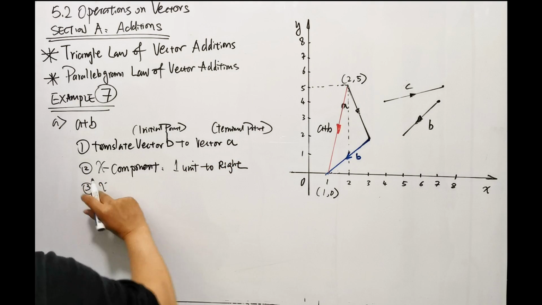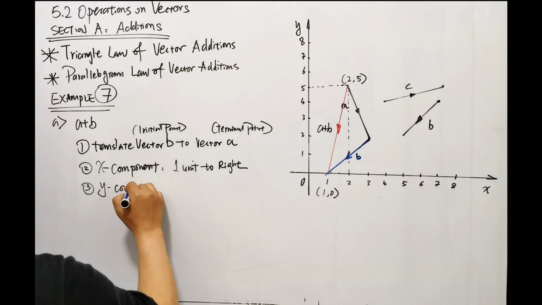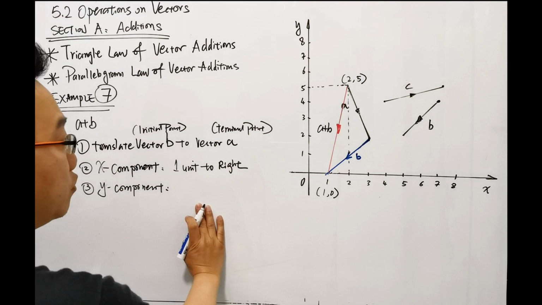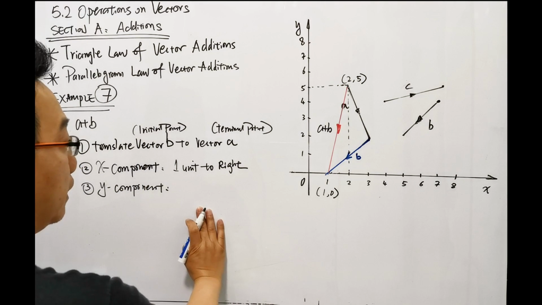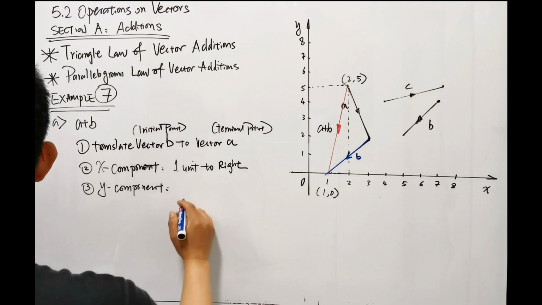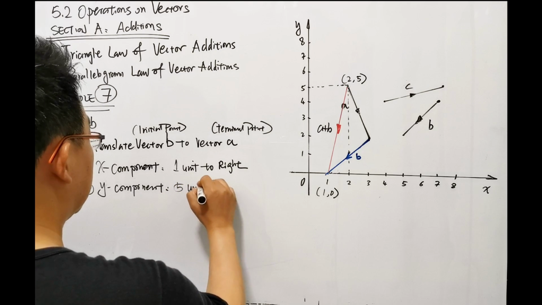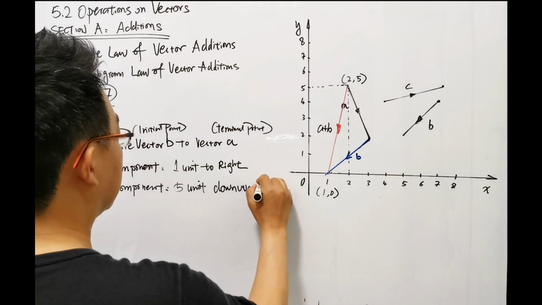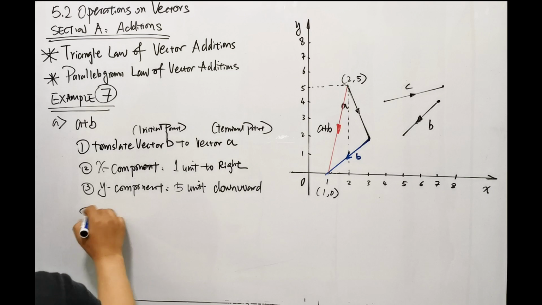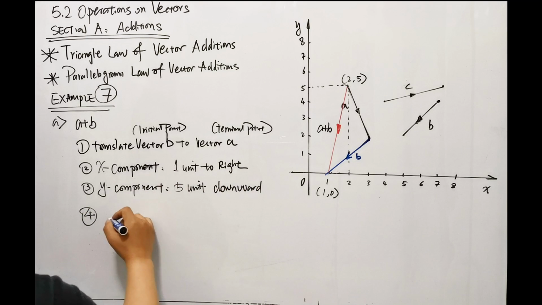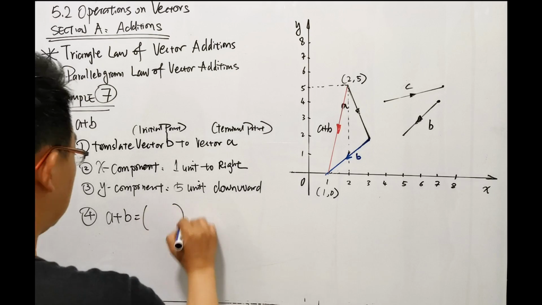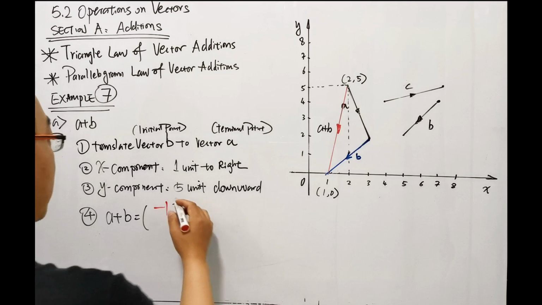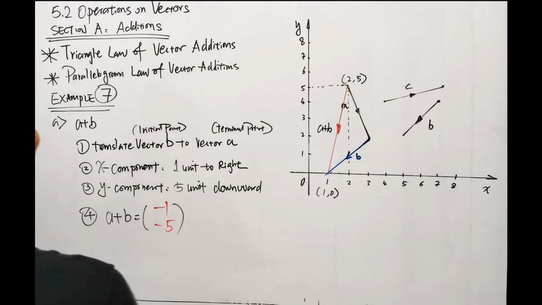And the y component is downwards, five units downwards. So in the column vector, a plus b equals, because it is going left, -1, and going downwards is -5.